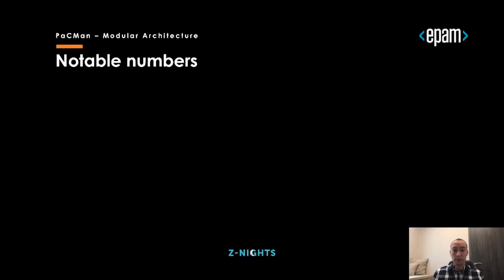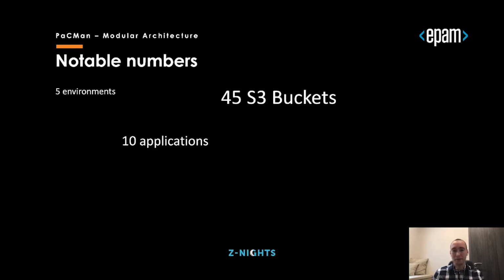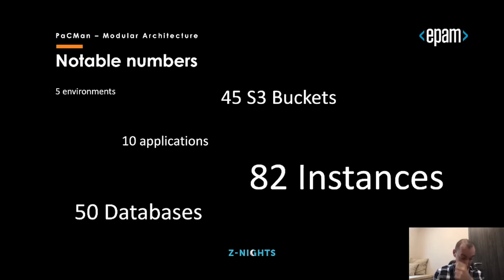A few notable numbers. We are supporting 5 environments. We have 10 applications running right now. We own 45 buckets. We have 50 databases and 82 instances. Again, this is not some high load, high volume operation. We are solving a different kind of problems, but still interesting.